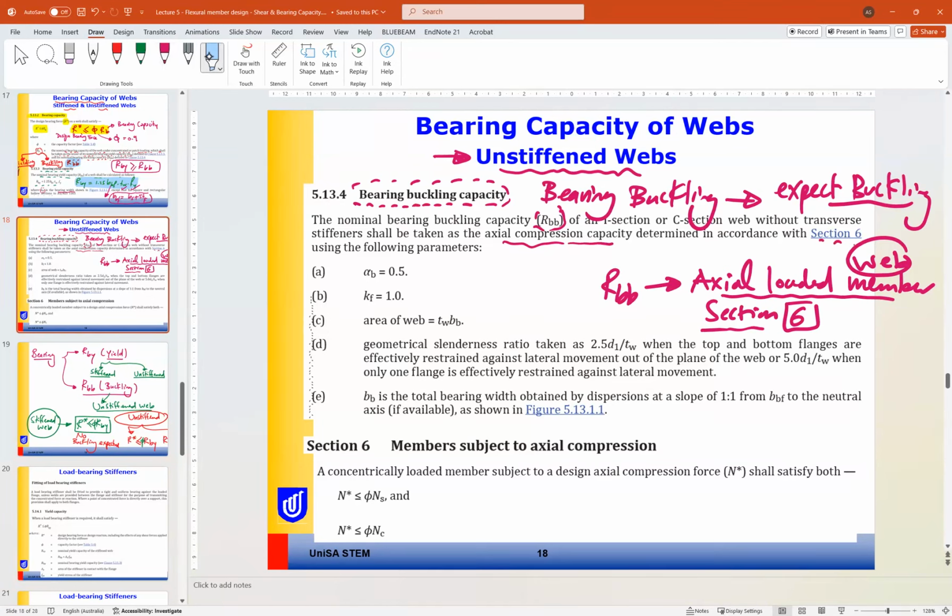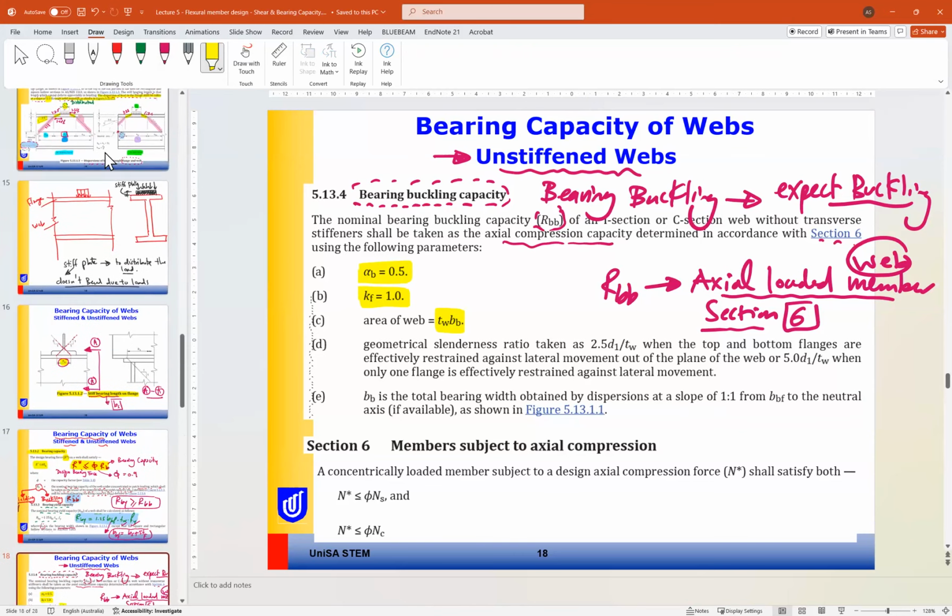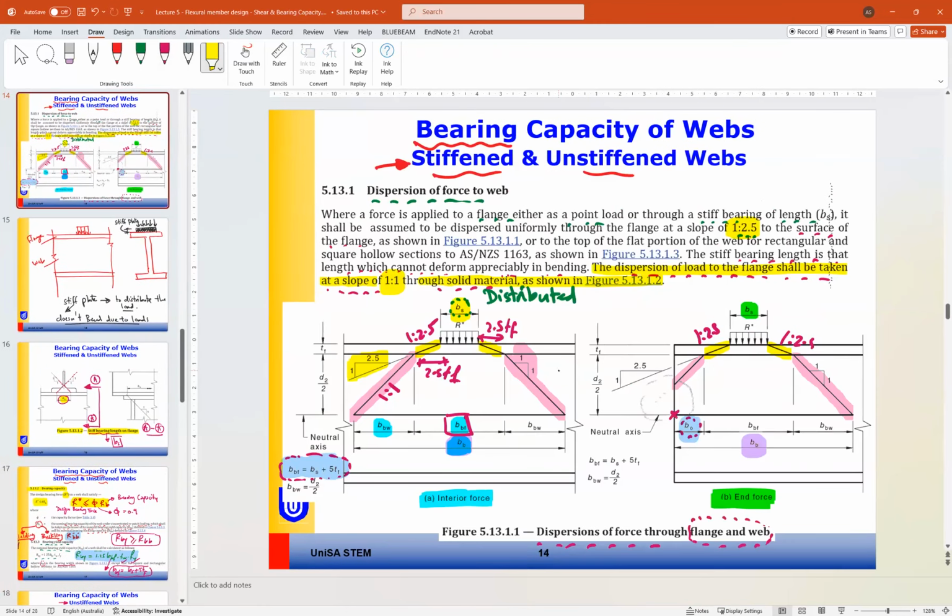The modifications are, we will take alpha B for this section as 0.5, Kf equal to 1, and the area of the section is T web times BB, where BB, if you go back to the diagram, is this value here. BB is the total distribution width of the load at the neutral axis.